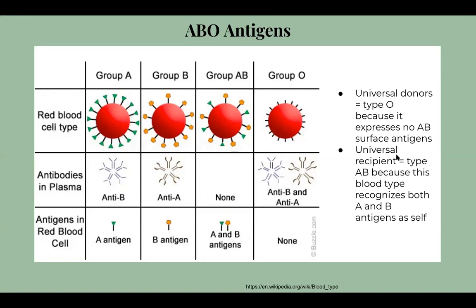On the other hand, the universal recipient is type AB. So you see that this blood type has both antigens on its cell surface, which means that it doesn't produce antibodies against either of those antigens. Therefore, you can give it any blood type and it won't produce antibodies against it.